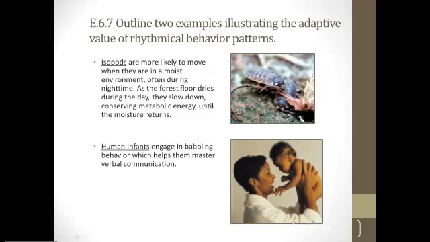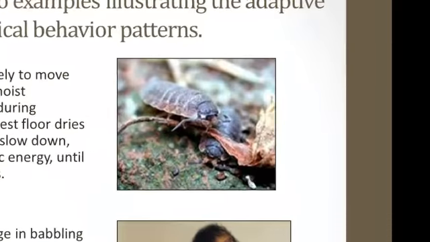Why is it that rhythmic or circadian behavior patterns are evolutionarily advantageous? One example would be isopods, which are like termites and roly-polies and those kind of critters. Remember, you always want to do something for a reason. You don't want to burn energy for no reason at all. Isopods need to be in a moist environment.